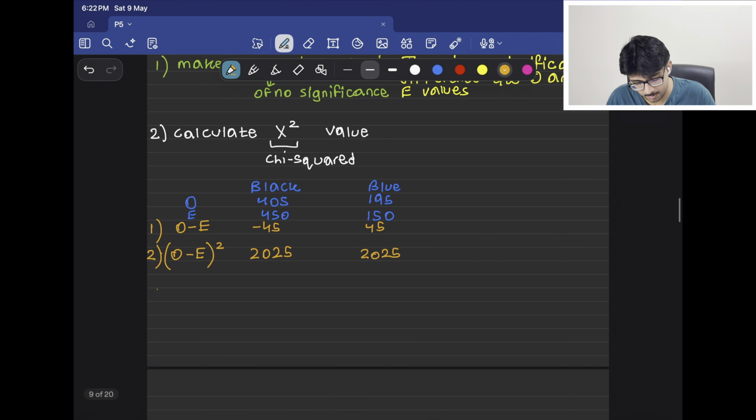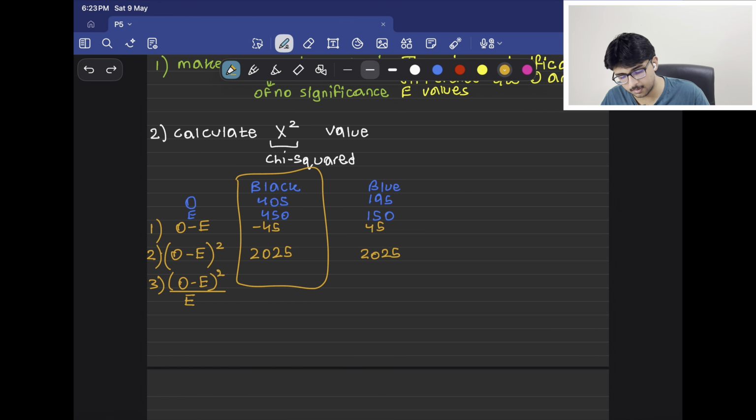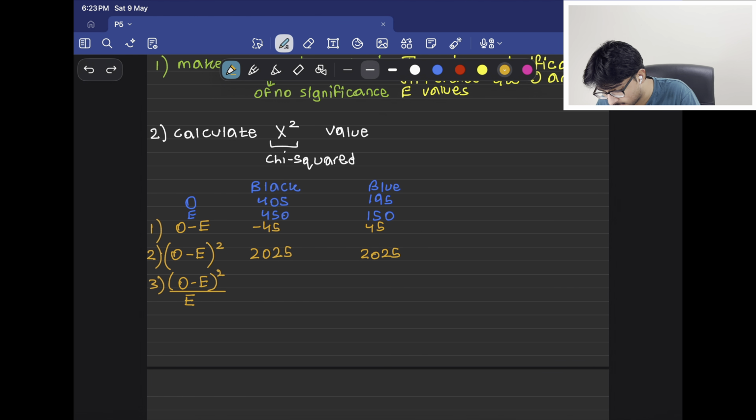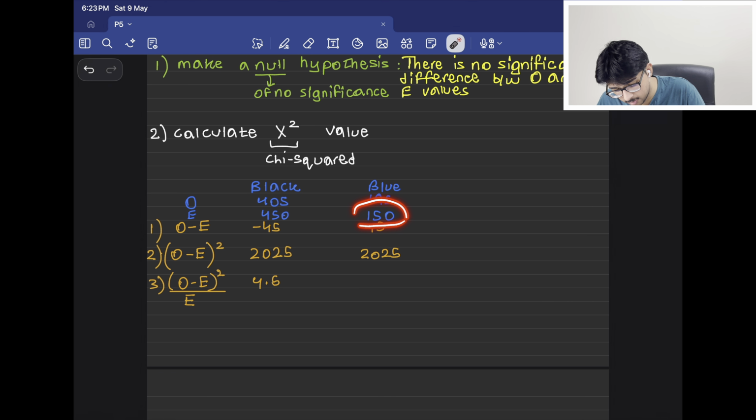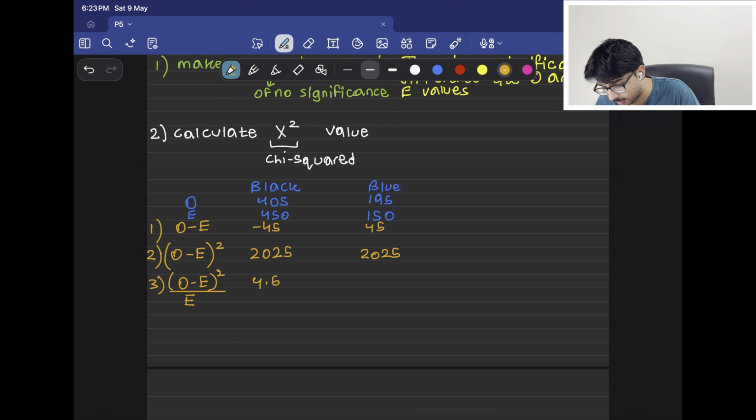Step number three, take these values, so observed minus expected squared, and then divide it by the expected value. So 2025 divided by this expected, because we're looking at this column for now. So divided by 450, that is 4.5. And then 2025 divided by the expected for blue this time, that is 150. So this is 13.5.